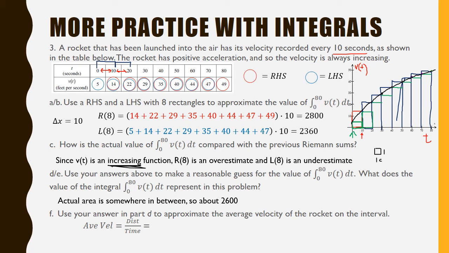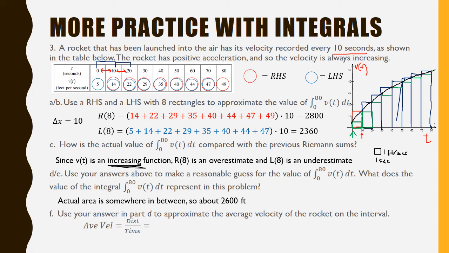The x-axis is measured in seconds, and the y-axis is measured in feet per second. When you multiply seconds by feet per second, the seconds cancel out and you get feet. So this number is our approximation for the distance that the rocket traveled during those 80 seconds.